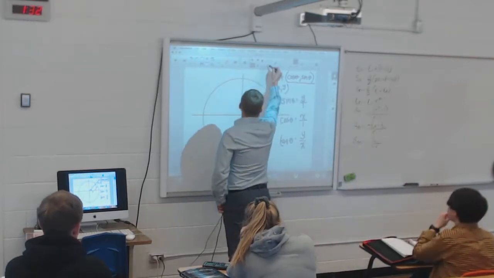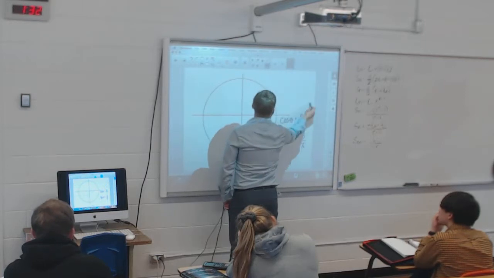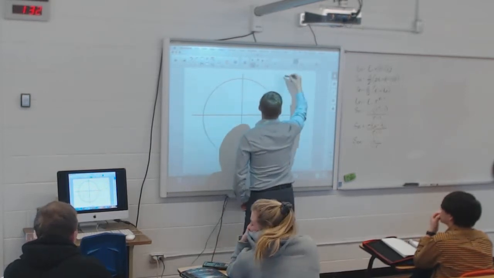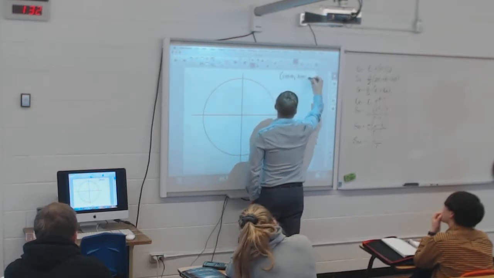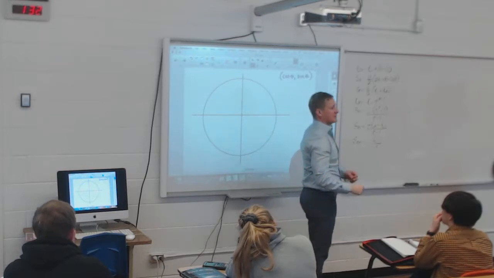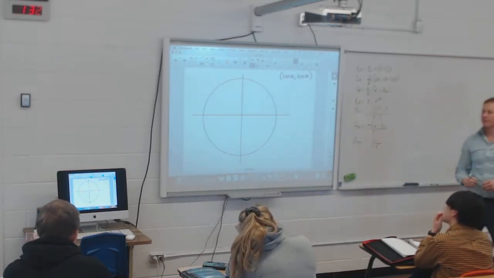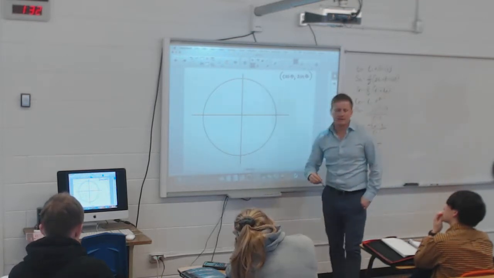Perfect. Now, this big guy. Let's list some coordinates around this circle. The first coordinate I want to list is right here. What is that coordinate?